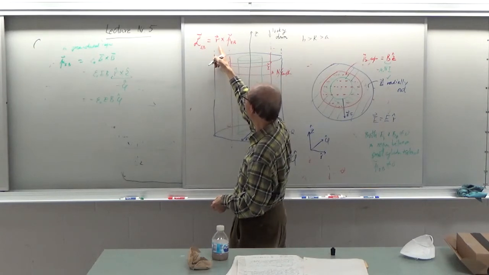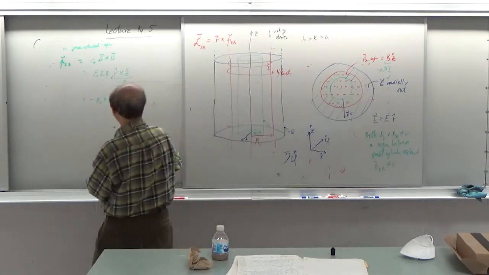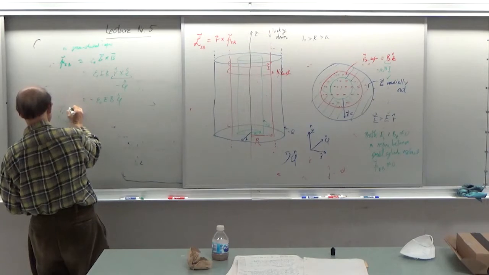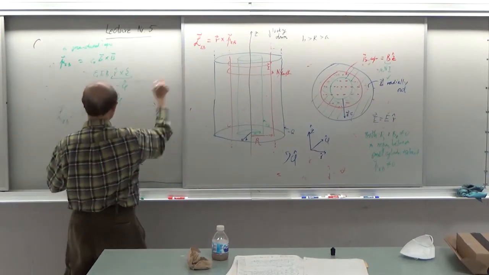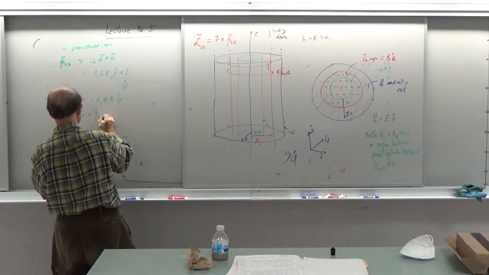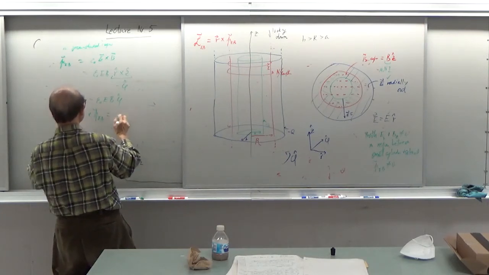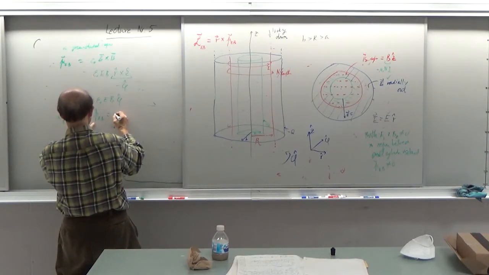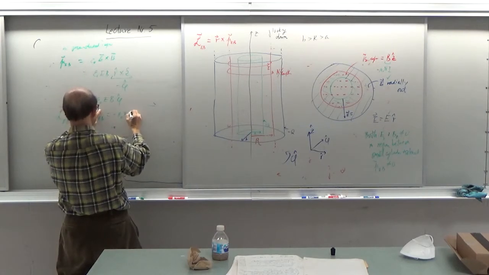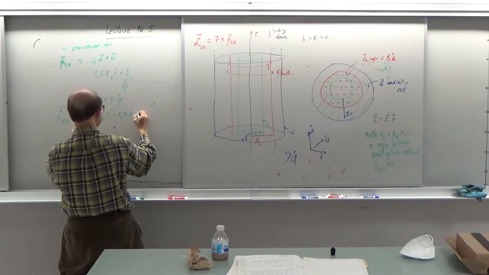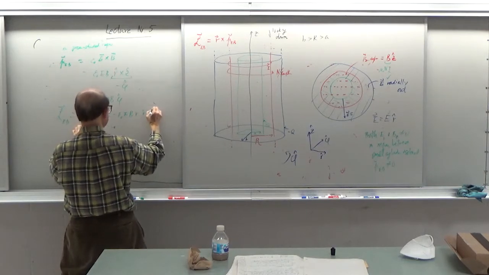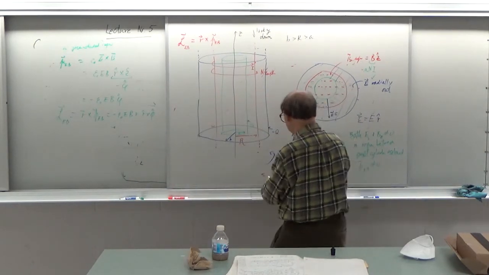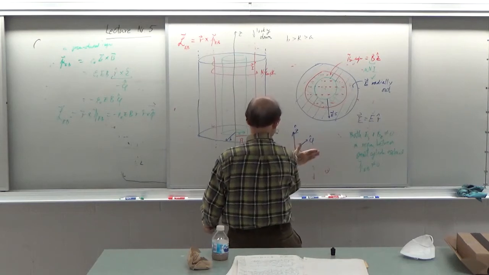That's given by r cross P, which equals minus epsilon naught E B times r hat cross phi hat. And r hat cross phi hat points along z hat.